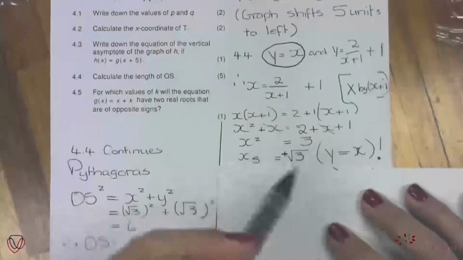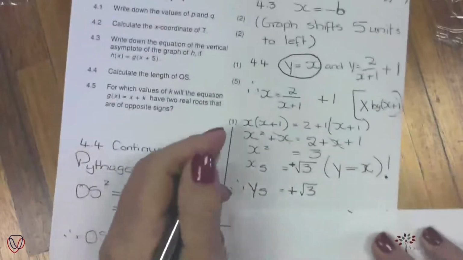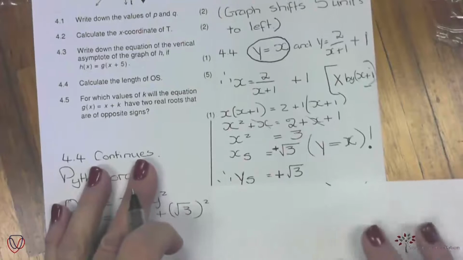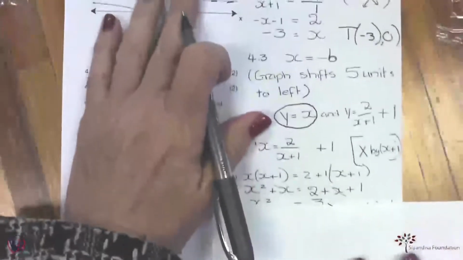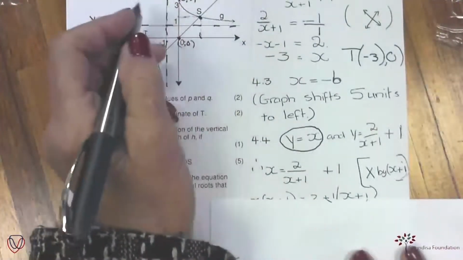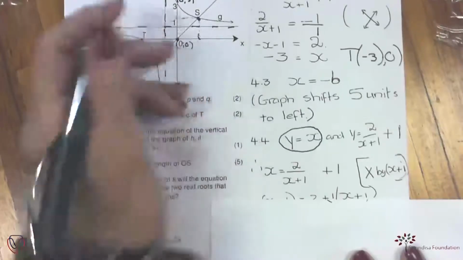So if the x of s is the square root of 3, then the y of s will also be the square root of 3. They're both positive because they are on this side. There, let me just show you. S is on the positive side of the y-axis. So the y is positive, the x is positive.